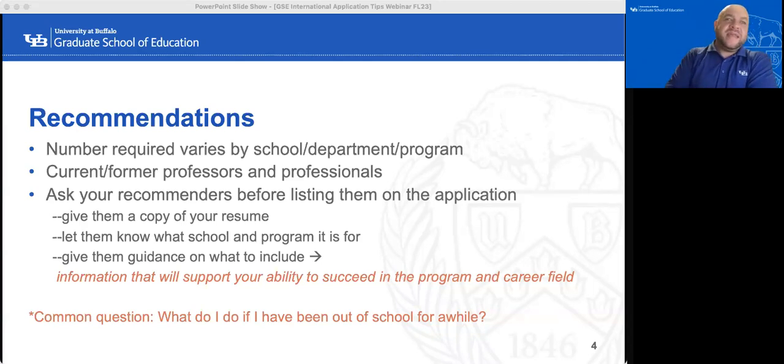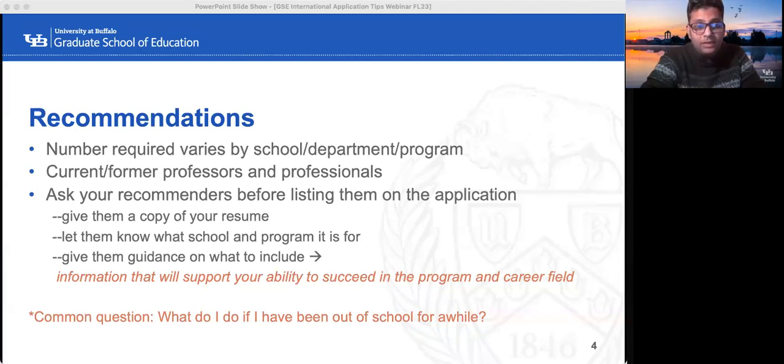Ash, what might you want to add about your experience? Yeah, I would say that take your recommendations very, very seriously. One good recommendation can be a game changer, and as Ryan said, it can be someone that you have worked for, or maybe you have worked in research with someone who knows about your research skills.